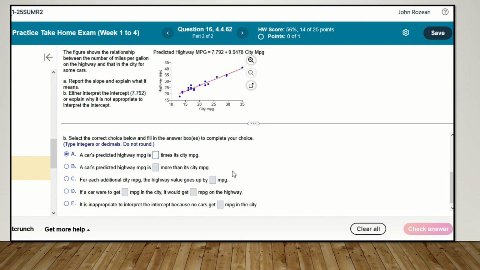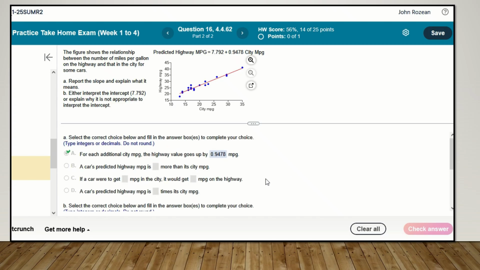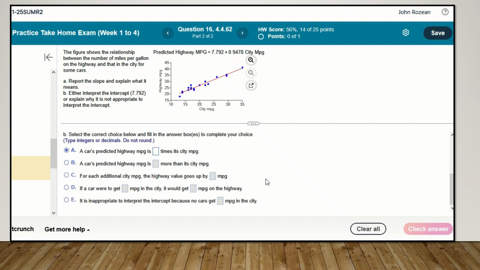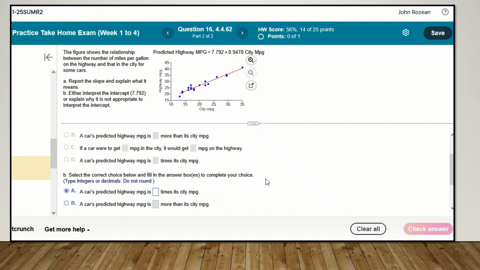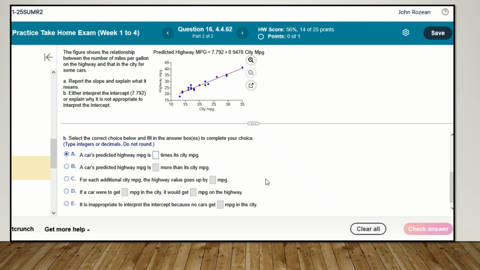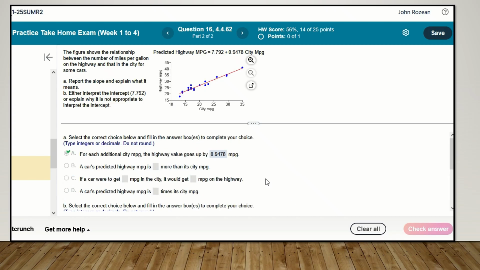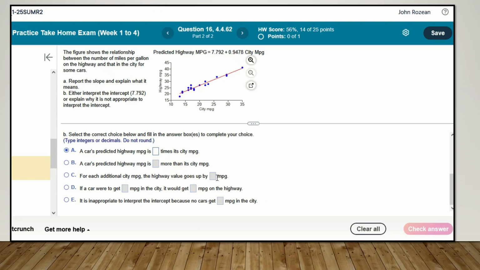Highway mileage goes up by. Well, that one's true, but I'm not sure if that's what we're asking. If the car were to get, it would get.